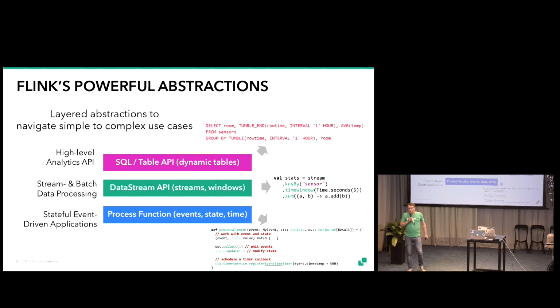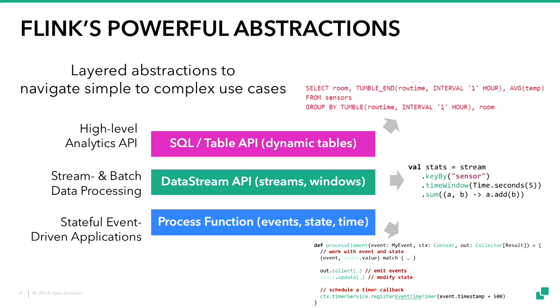So what abstractions does Flink offer? We've heard Kafka also offers 3 programming abstractions: the pub/sub interface, Kafka Streams, and KSQL. For Flink, it looks pretty much the same. We have the process function abstraction at the bottom, which gives you very much control over how to handle time and how to handle state, which are the core ingredients for all stream processing applications.